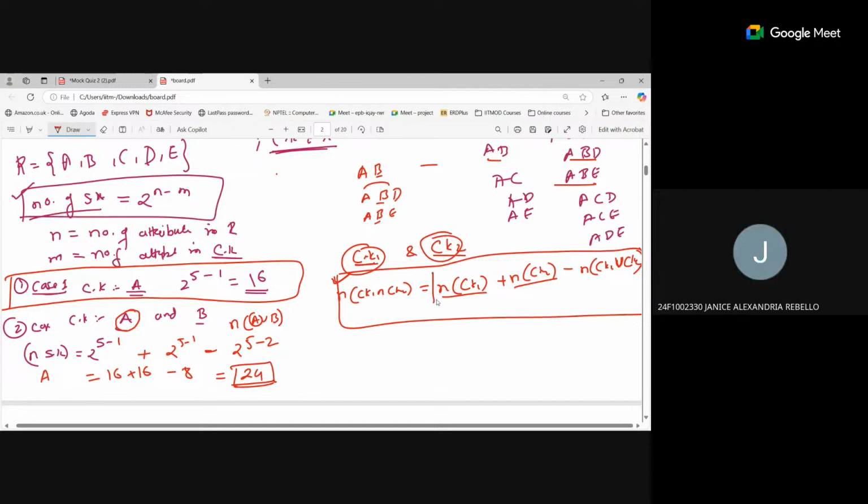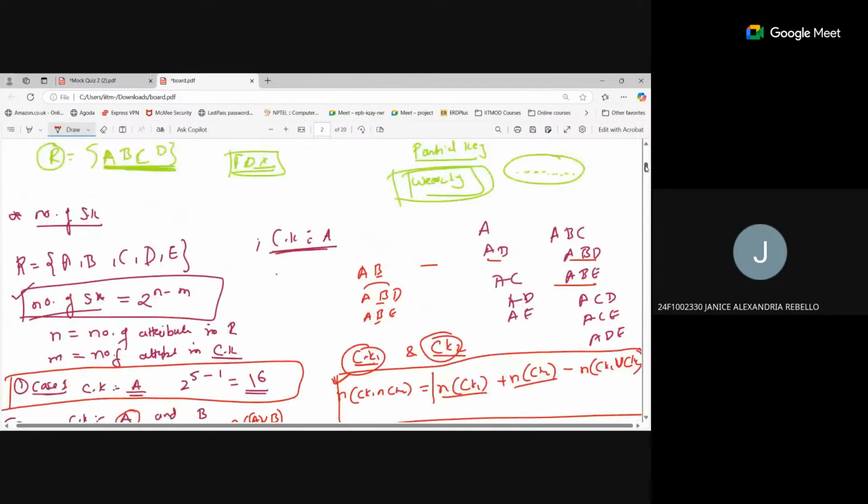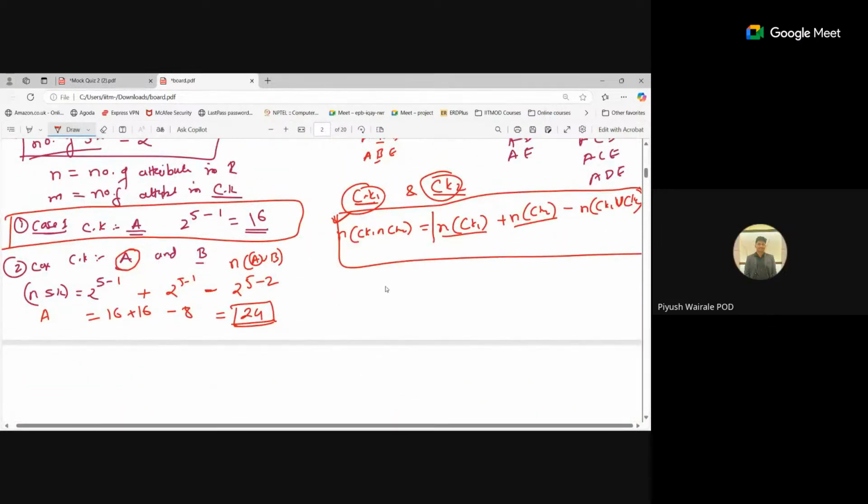What if there are more than two candidate keys? Suppose we have three candidate keys. In that case, you need to apply that formula. If you remember, A intersection B intersection C is the number of A plus number of B plus number of C, minus A union B, minus A union C, minus B union C, and then plus A union B union C. Again, we have plus or minus, so you can check.